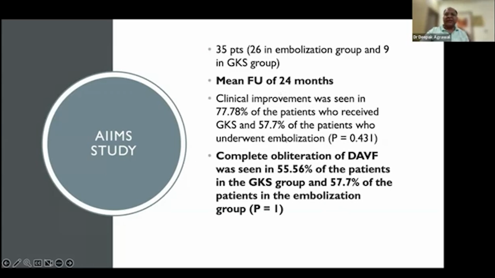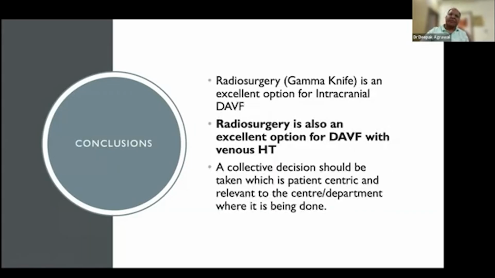So this shows that gamma knife can result in better clinical improvement and decrease in the venous reflux, which embolization somehow fails to do to that extent. To conclude, radiosurgery, I think, is an excellent option, and a lot of papers have also shown it, both for dural AV fistulas without venous reflux and for those with reflux.